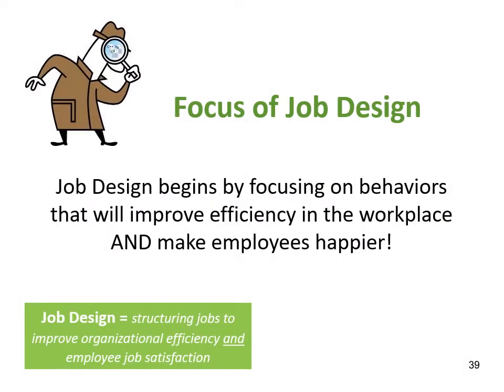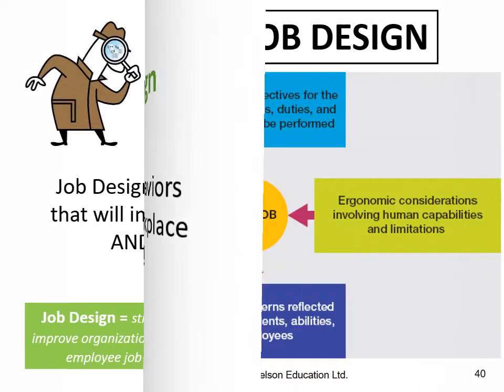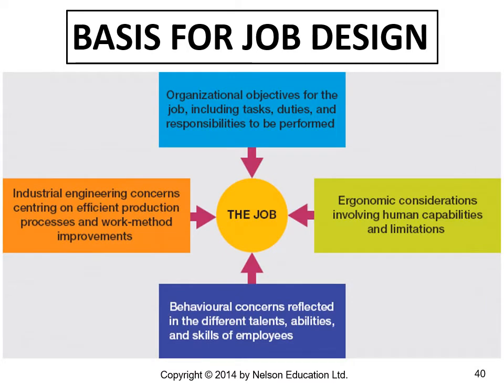So the focus of job design then is focusing on behaviors that improve efficiency in the workplace and make us happier. So it's really twofold: how to make us more efficient and how to make sure that we're happier doing the jobs that we're doing. There are 4 different bases when we're talking about job design.